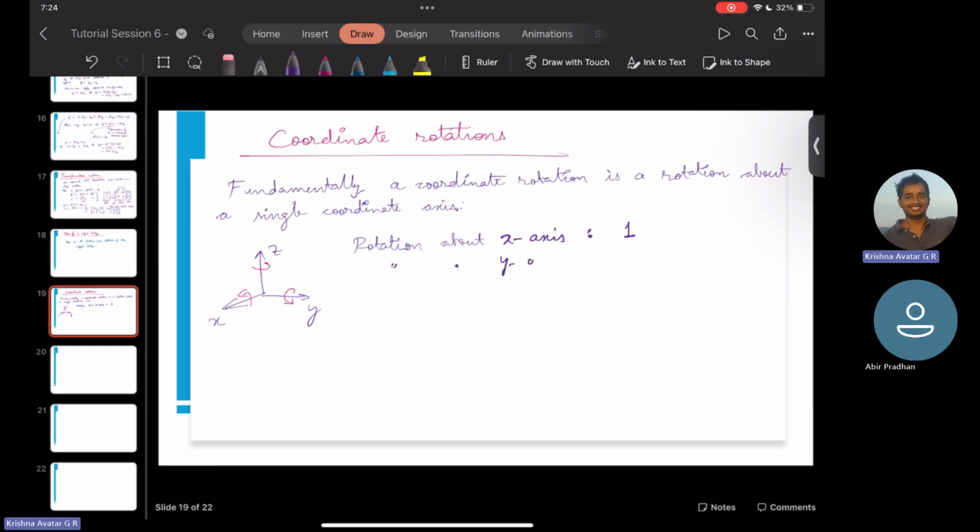Rotation about the y-axis, we number it as 2. Rotation about the z-axis, we number it as 3.